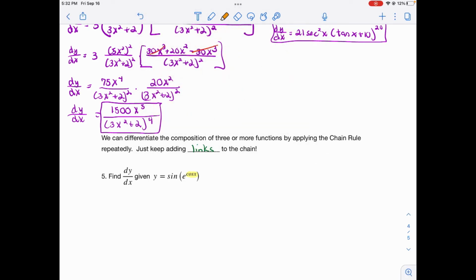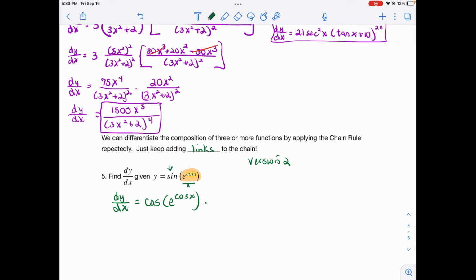So notice my most inside function here is cosine of x, which is inside my e to the x function, e to the u function. But that e to the cosine x is inside my sine function. So I'm going to start by taking the derivative of my most outside function. Derivative of sine is cosine of the inside, times by the derivative of the inside.